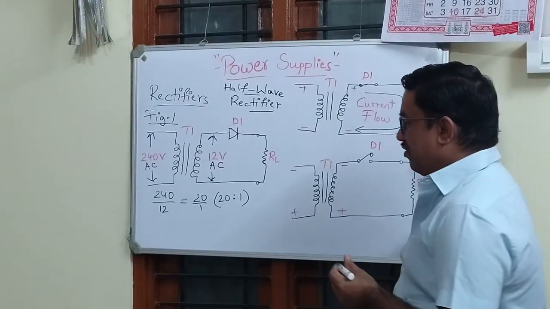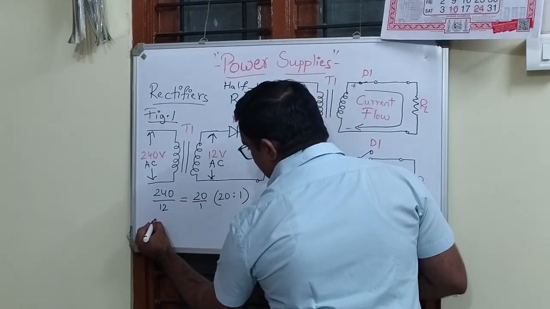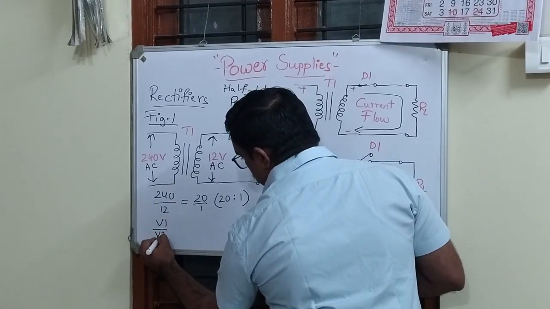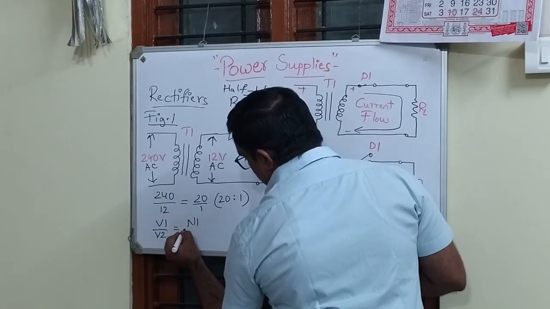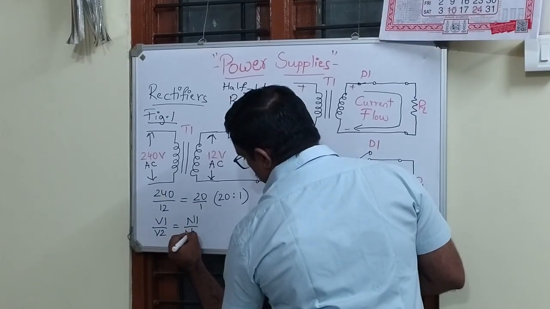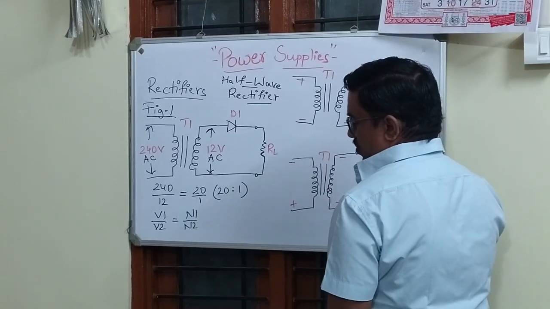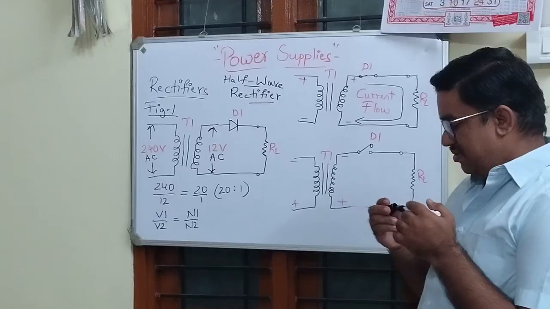This relation can be given as V1 by V2 equal to N1 by N2, that is, 20 turns.